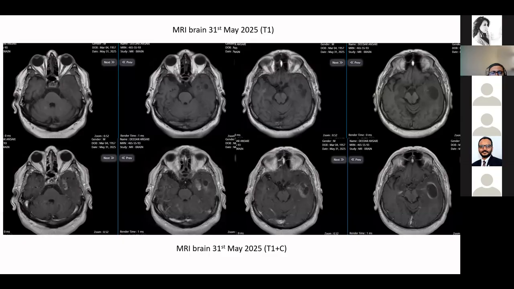Yes, we know the prognosis, because now it becomes a predictive marker. MGMT is a predictive marker, which tells you what will be the outcome in patients who have this and their response to temozolomide.